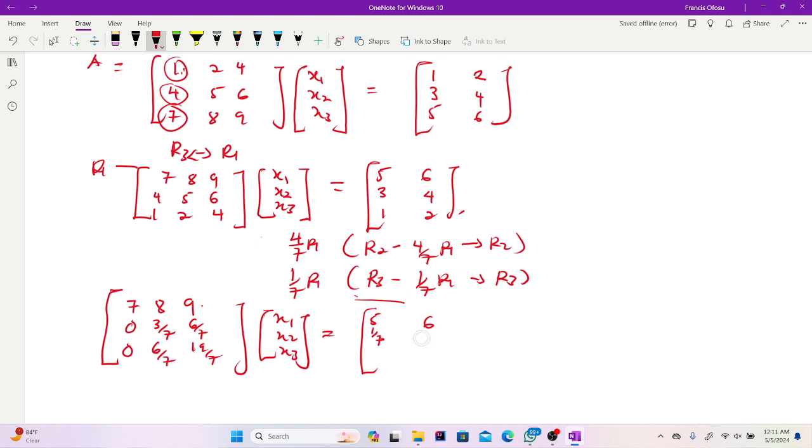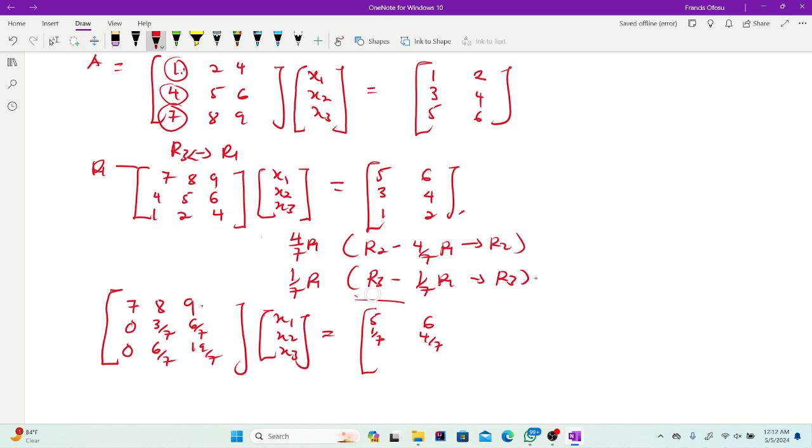So we can do for row 2. So here is what? 4 minus 4 on 7, sorry, I'm using 4 minus 4 on 7, times my R1, which is what? 6. And that is giving me 4 on 7 this side.